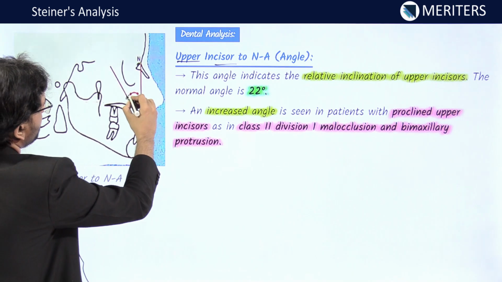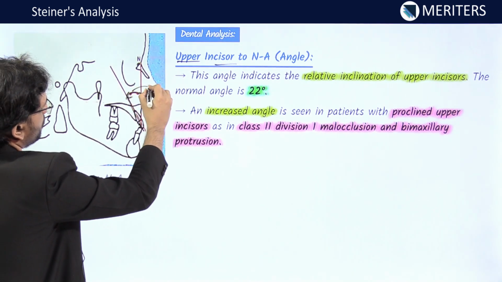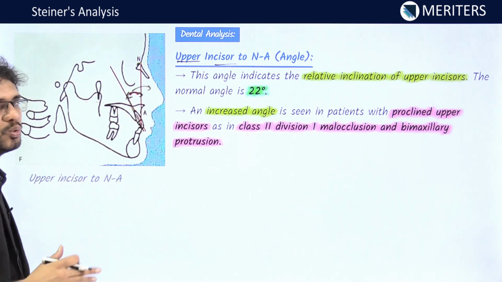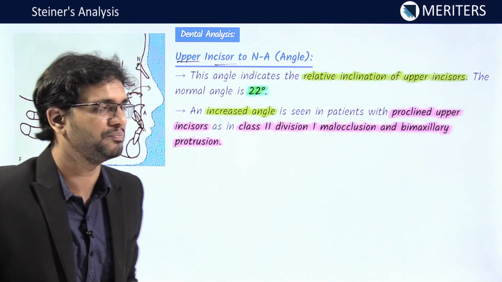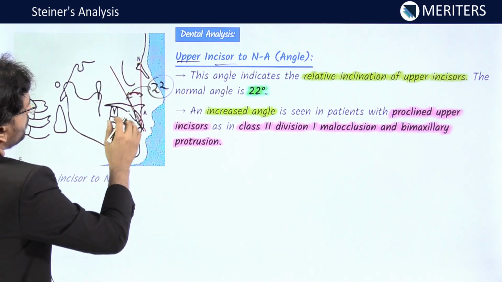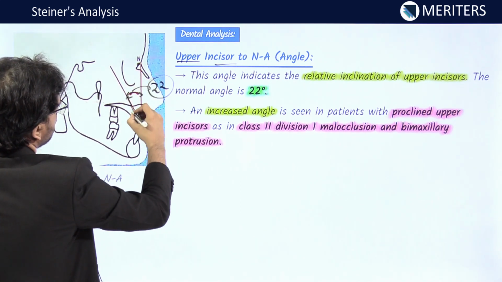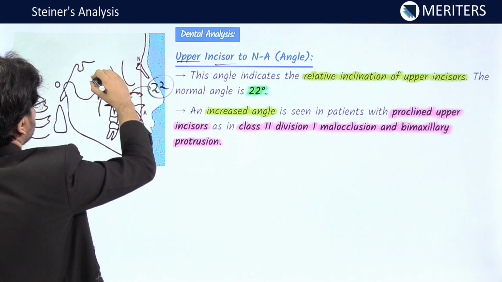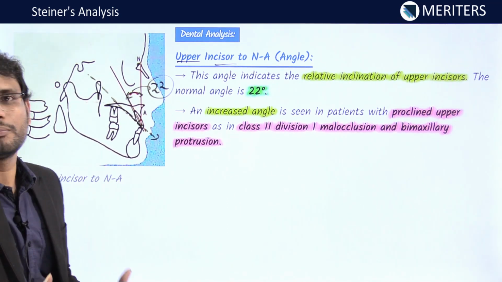The angle formed between the upper incisor and NA is known as the upper incisor to NA angle, and the average value of this angle is 22 degrees. If it is more than 22 degrees, if the angle is increasing, it should be somewhat like this. That means the incisors are getting more proclined.